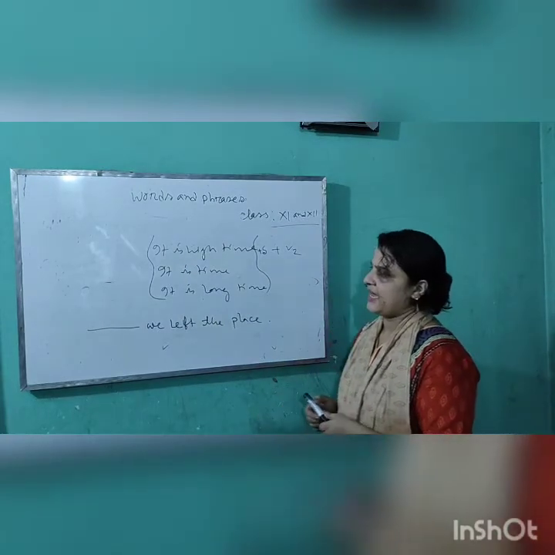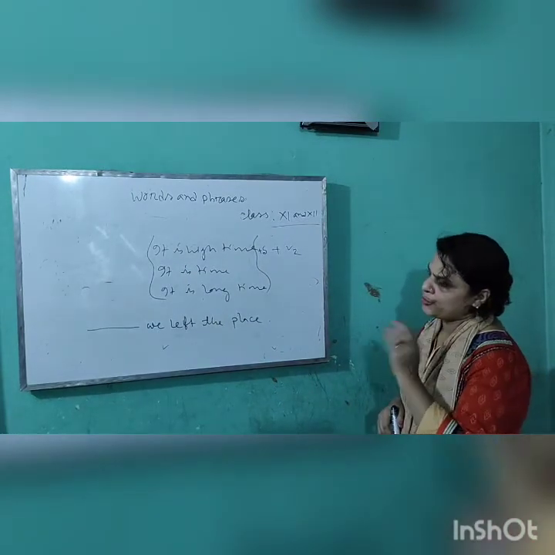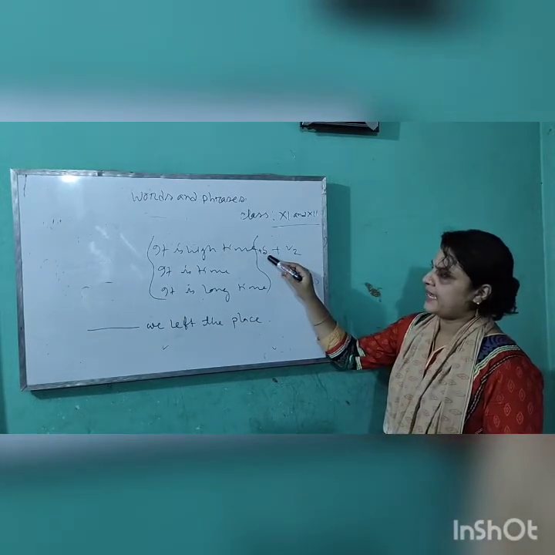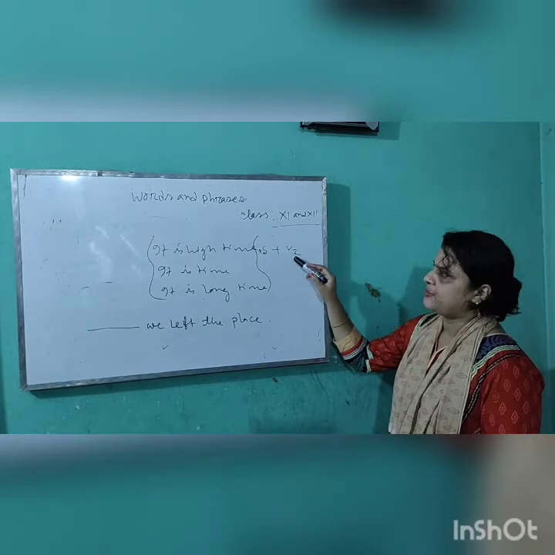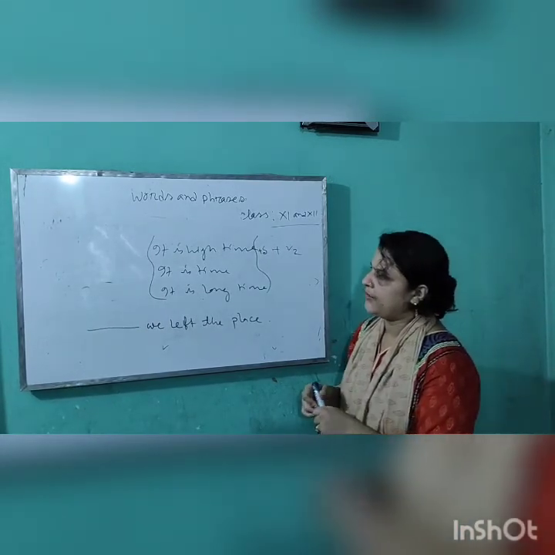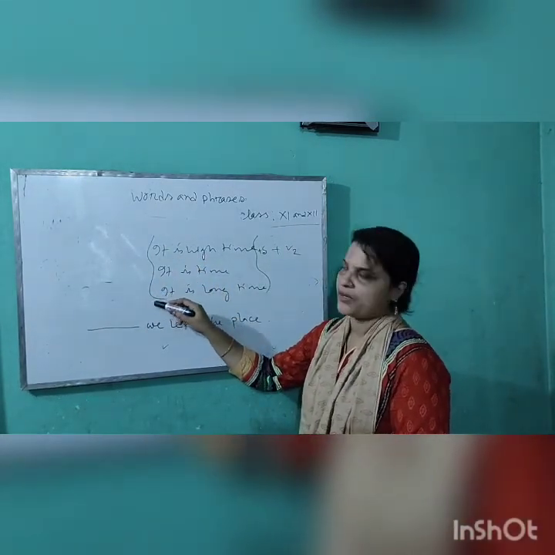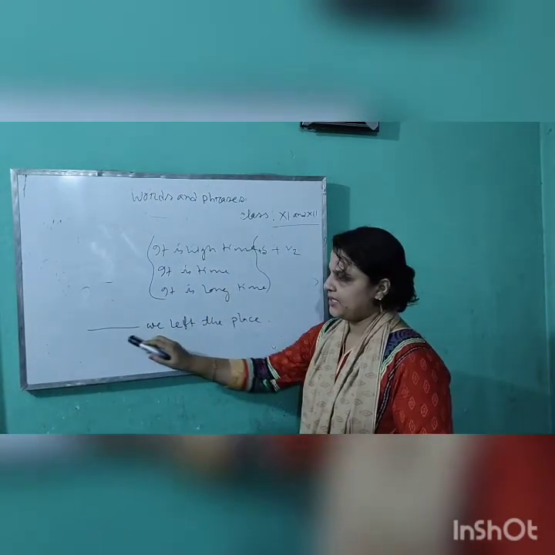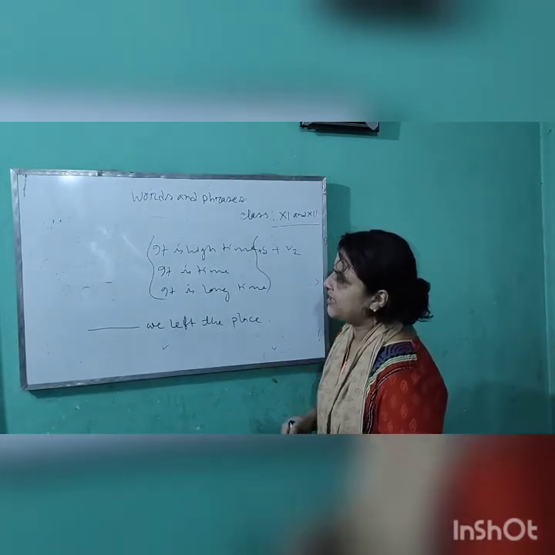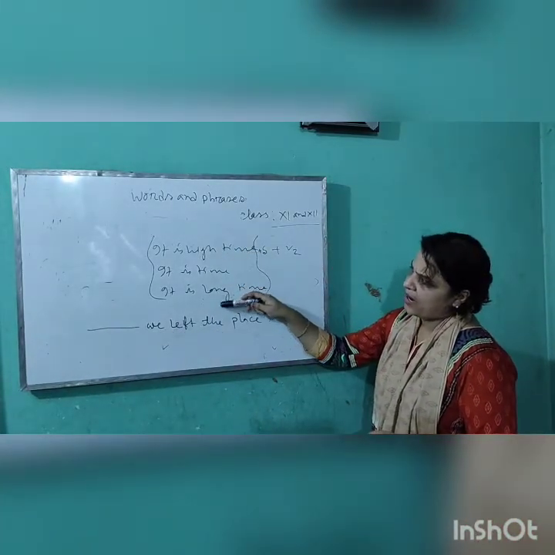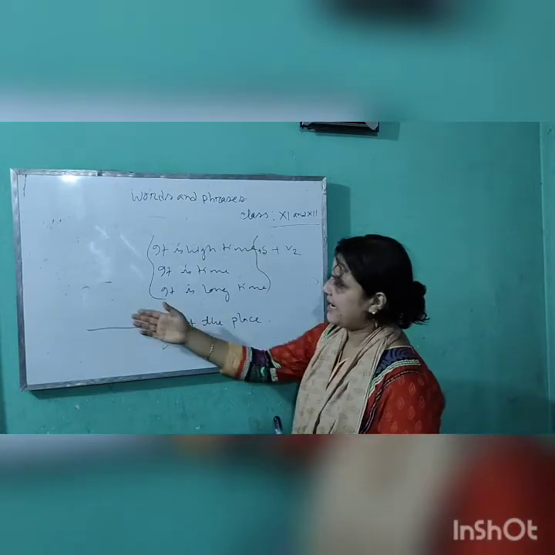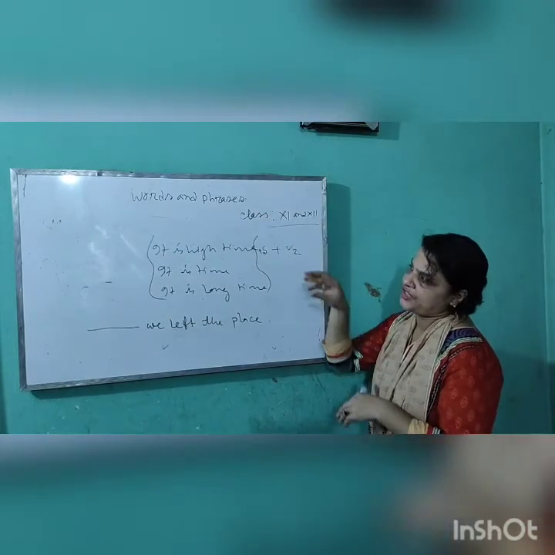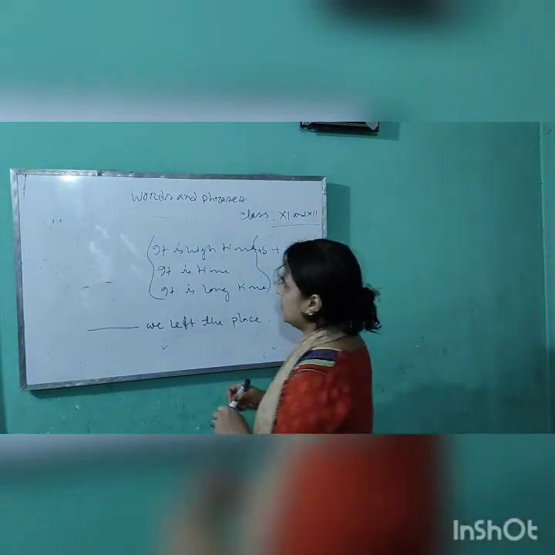It is high time, or it is time, or it is long time. It indicates that it is the right time. So after these words, when you find a subject, you must find verb 2. First of all, there is a blank, then subject, verb 2. In that case, you will use any one of these phrases: it is high time, or it is time, or it is long time, whichever is mentioned in the question. So you can use any one.